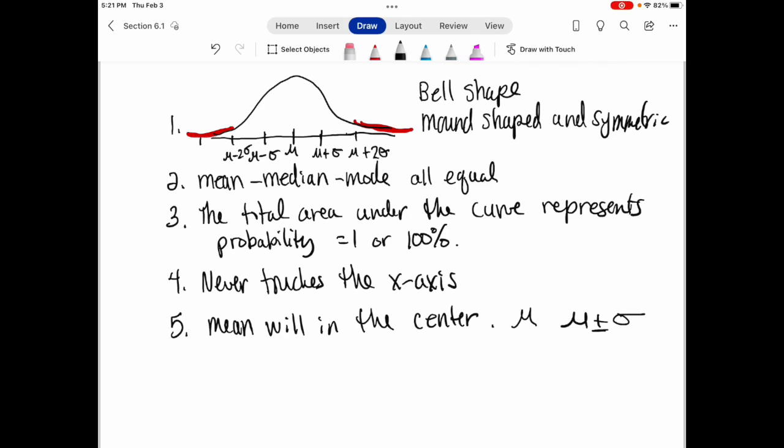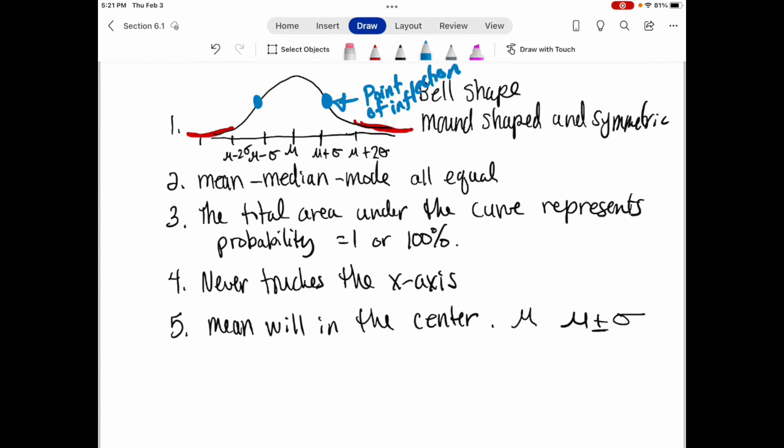Now, you can identify approximately where the first standard deviation should come out when you look at the normal curve. When you look at that curve, this right here is called the point of inflection.